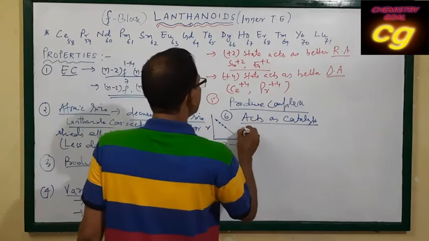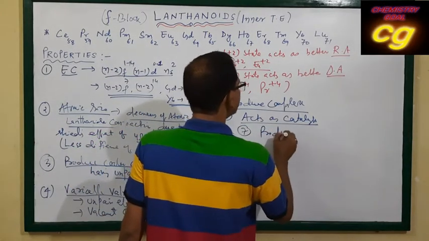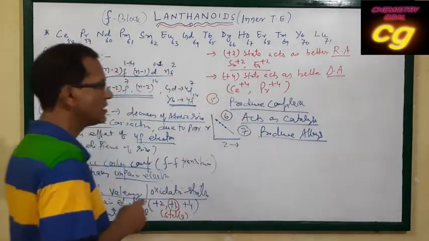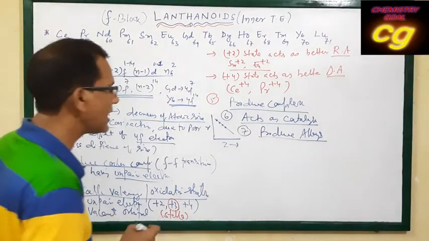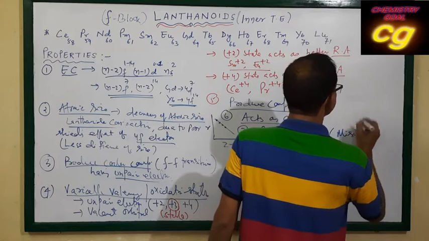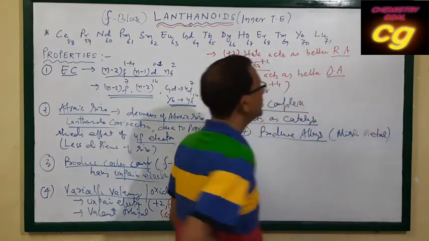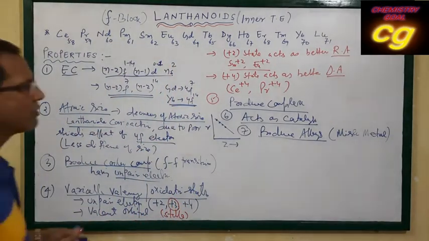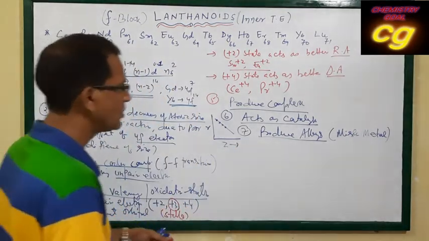Another important property is they produce alloys. What are these alloys? These alloys of lanthanides are called mischmetal, mixed metal. This is called an alloy and is used as pyrophoric alloys.